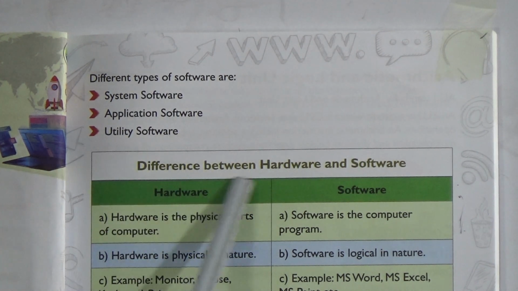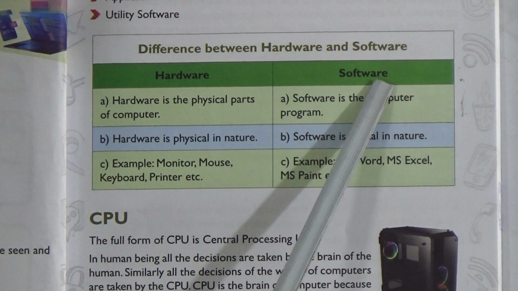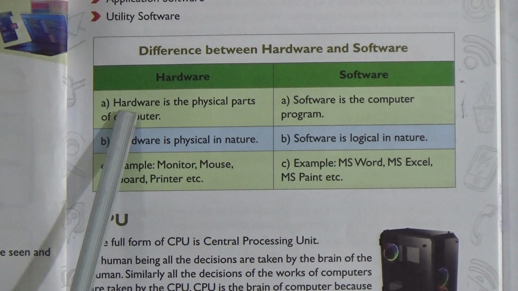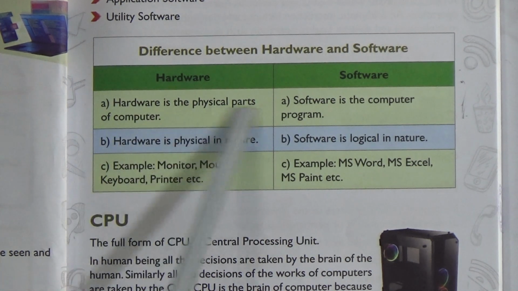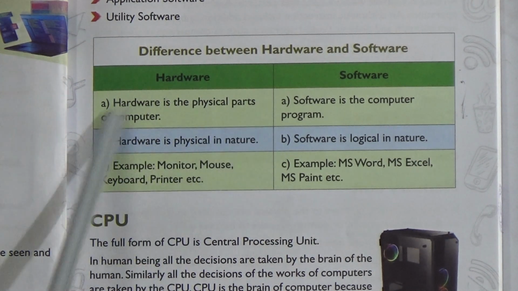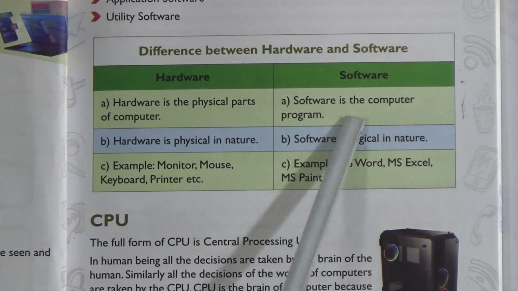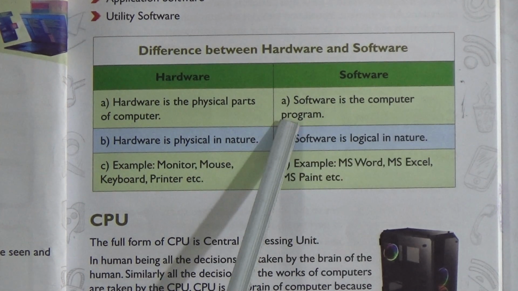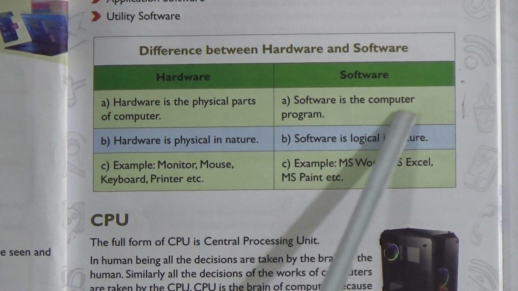Now the difference between hardware and software. Here are given some differences between hardware and software. Number A, hardware is the physical parts of the computer, and on the other hand, software is the computer program, and without software we cannot run our computer.